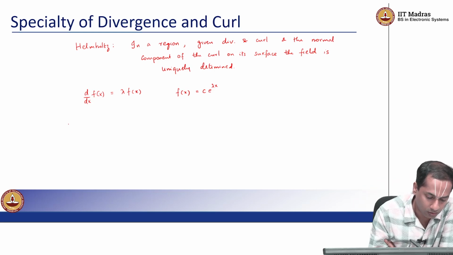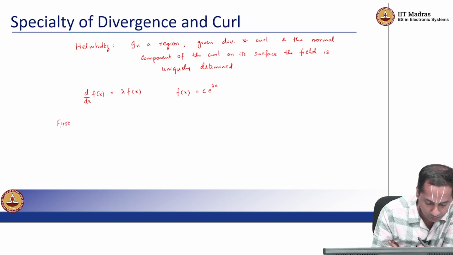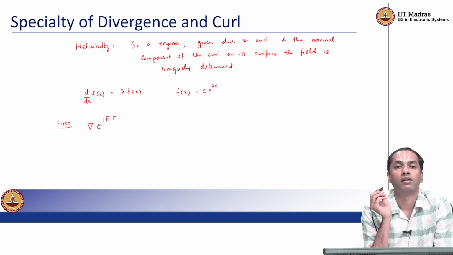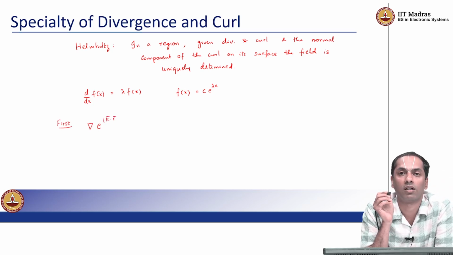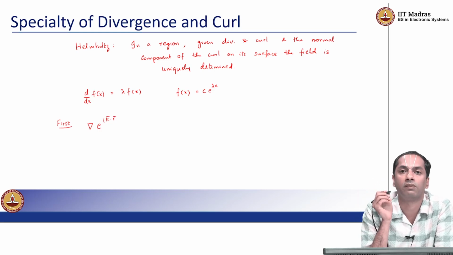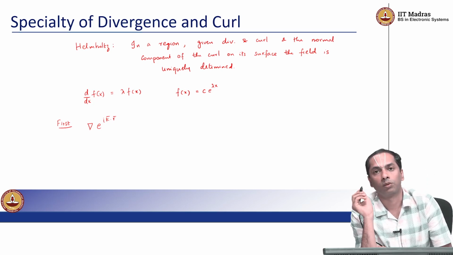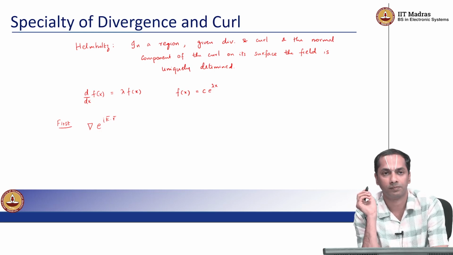Okay. Now taking this to vector gradients, let us start with e to the j k dot r. So k is an arbitrary constant vector, and r indicates the vector for the spatial point x, y, z.